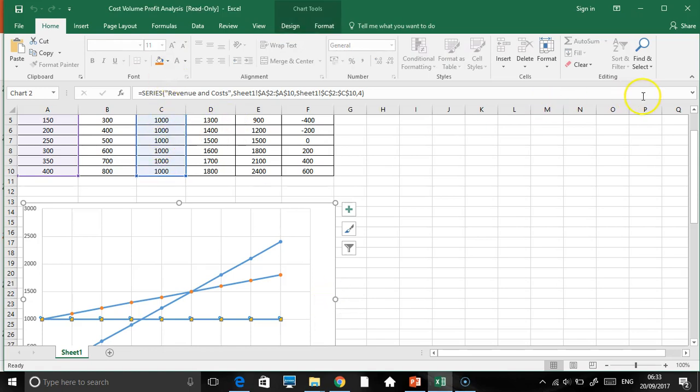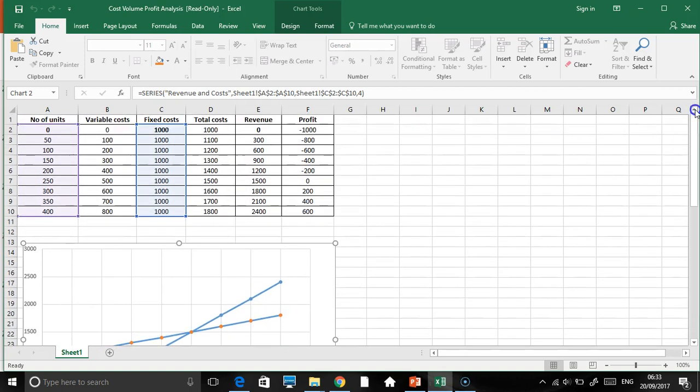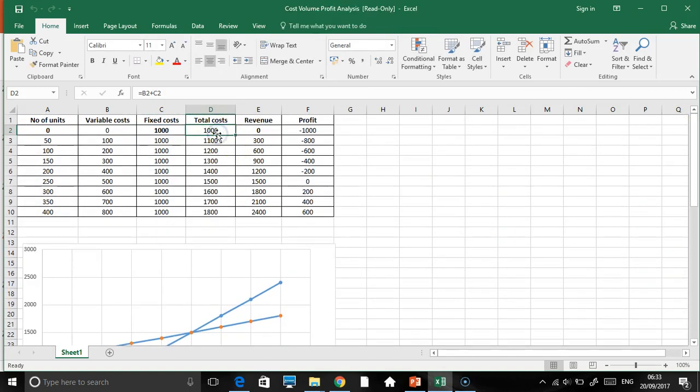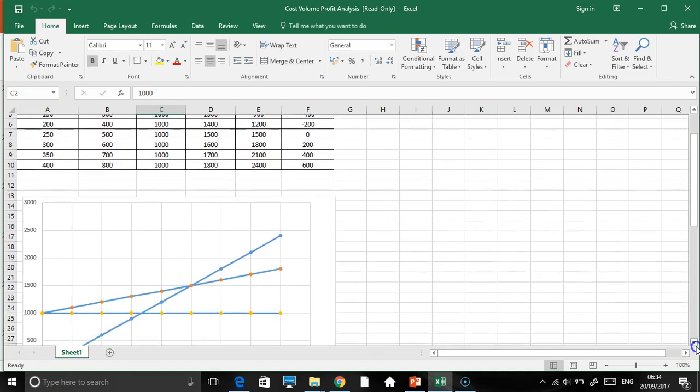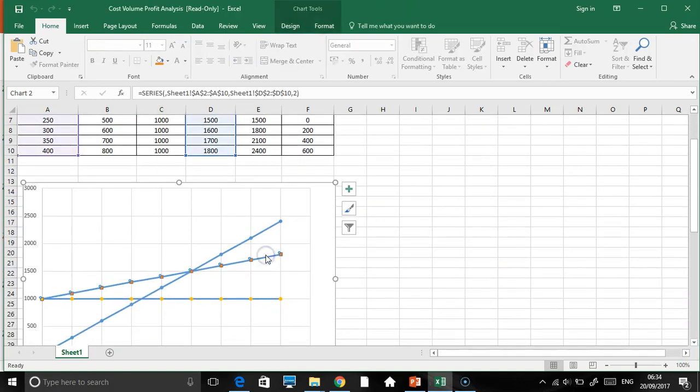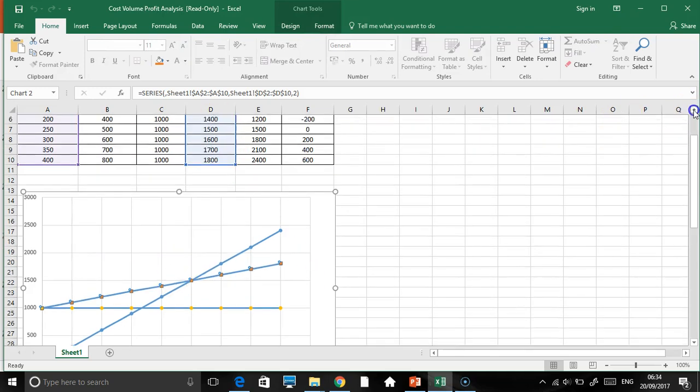Then I have my total costs, which is B2 plus C2, variable costs plus fixed costs. So I have my total costs all the way here, and you can see that highlights that whole area.